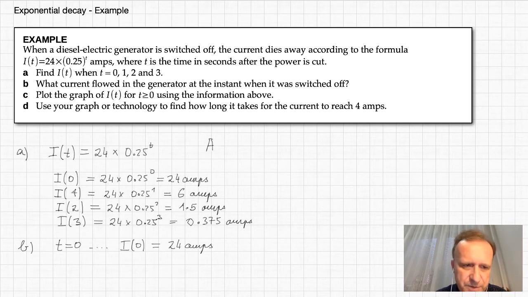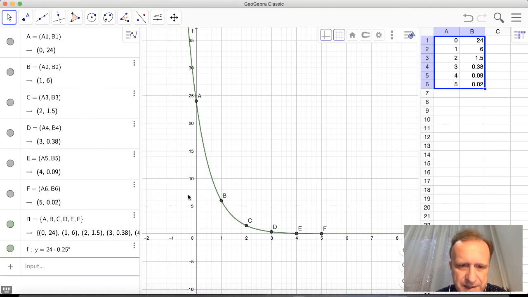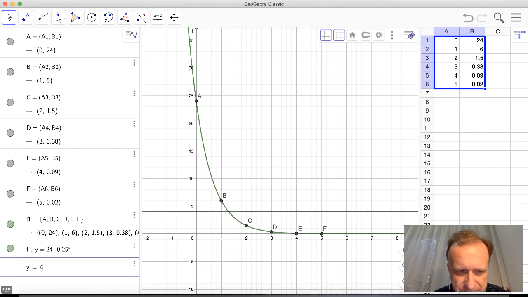So somewhere in between these two times there should be the value of the current corresponding to 4 amps. So let me use the graph, and I need to find when it reaches 4 amps. So 4 is here, and I need the intersection, this point in the graph. To do it, I include another line, y equals 4, to this graph.